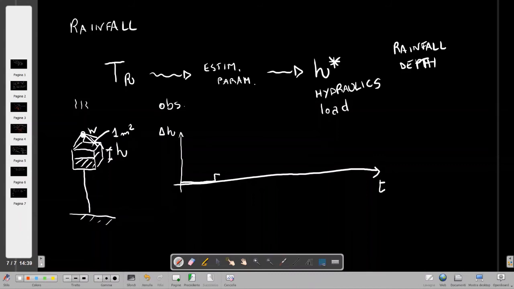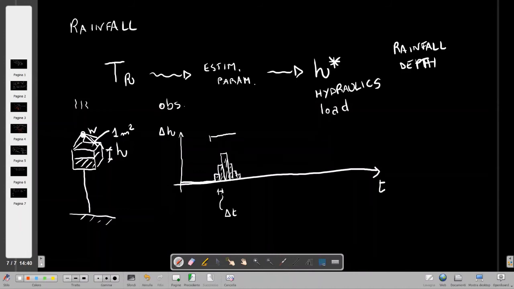When we have an event, I can define a kind of time resolution during which the box is able to collect a certain value of rainfall depth. Then it continues to rain, and then the event finishes.